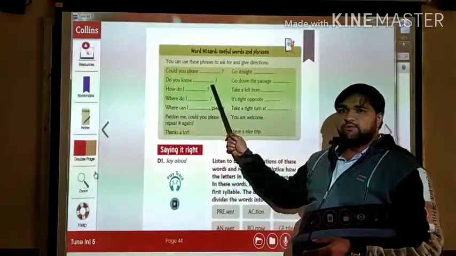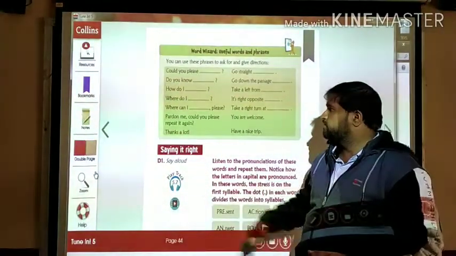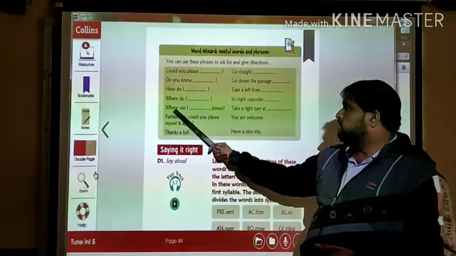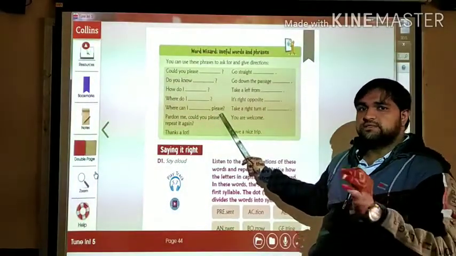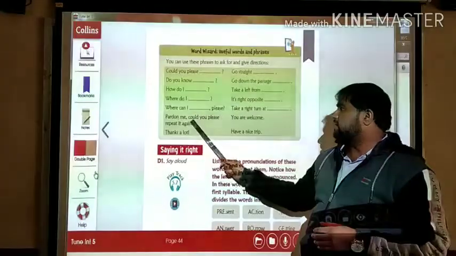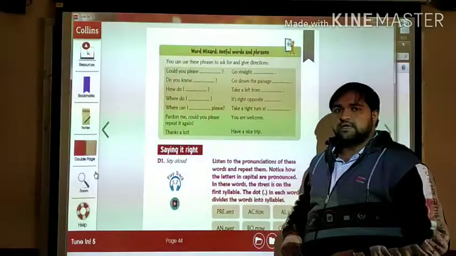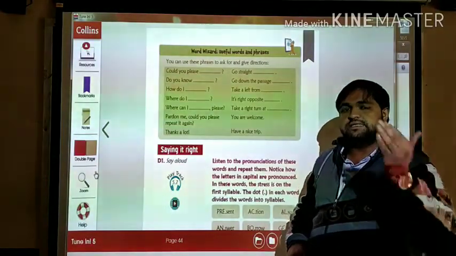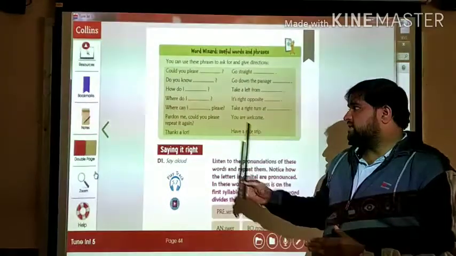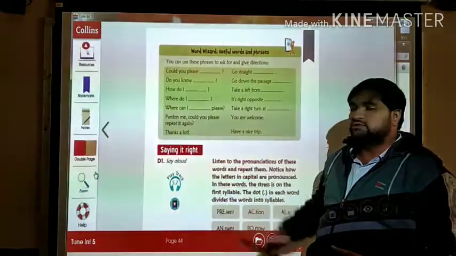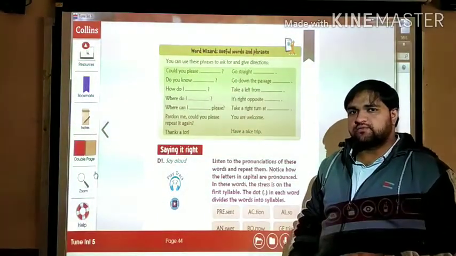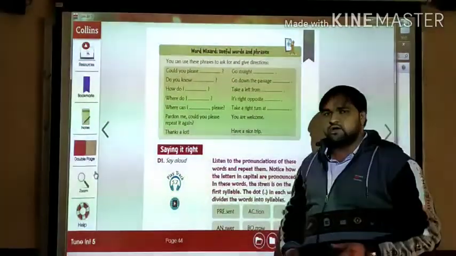Do you know the way to the bookshop? Where do I get books from? Where can I buy this thing from? Please. Pardon me. Could you please repeat it again, if you are not able to understand the response that person has given you. So at that time you can say these words. Pardon me. Could you please repeat it again? I did not understand what you said. Thanks a lot.